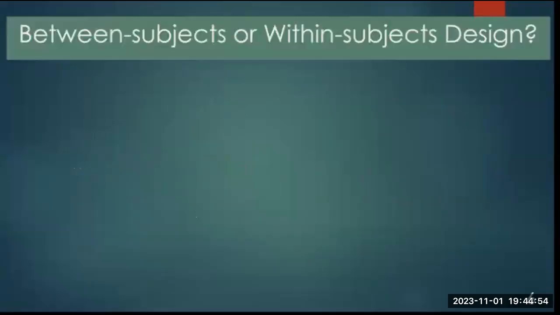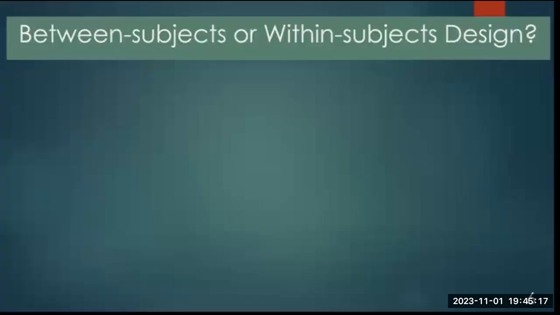Okay. The other decision we have to make when we're doing a factorial design is whether we're going to do it as a between subjects or within subjects design. Remember that between subjects means that we are comparing 2 different groups. So we have different groups involved. Within subjects, it's the same people in the conditions.